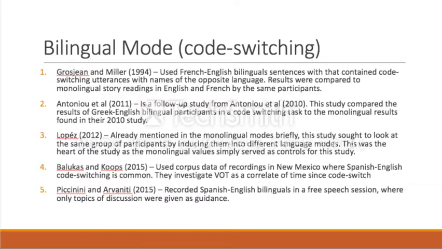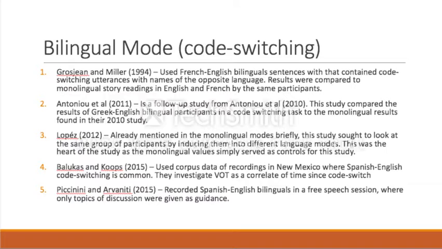So the first one is from 1994, Grosjean and Miller. They used French-English bilingual sentences that contain code-switching utterances with names of the opposite language. So they compared these results from this code-switching task to the monolingual story readings in English and French by the same participants.